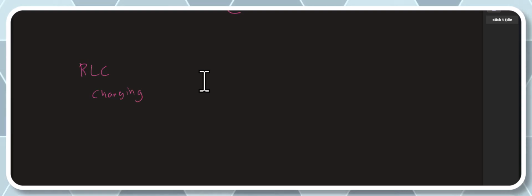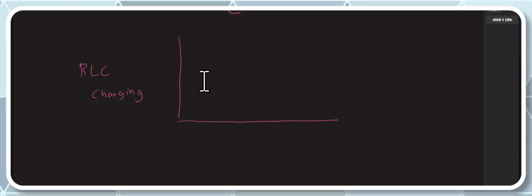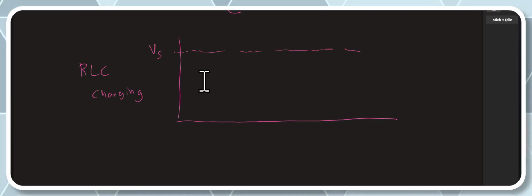So alpha is something called the damping factor, and it tells you a little bit about the behavior of your circuit. So let's say I'm charging a circuit. So I've got RLC charging, and this is the voltage of my source.